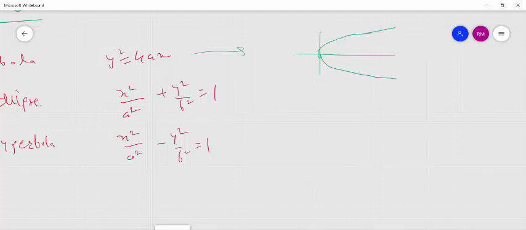So x is positive, in the interval of the positive x axis. Now this is the equation of an ellipse, and this is the graph of the ellipse. This is called the major axis and minor axis, with semi-major and semi-minor axes. The graph for this is like this. This is a hyperbola.